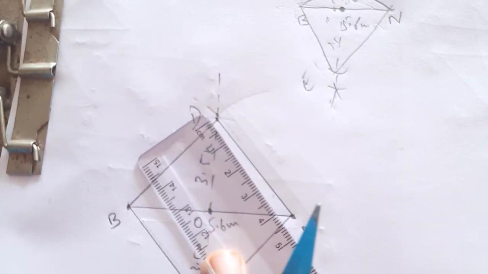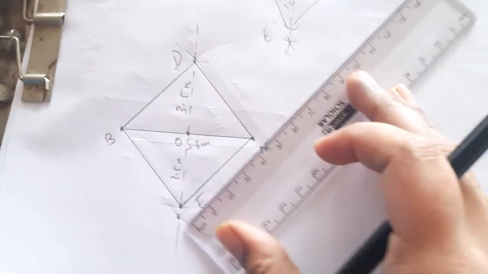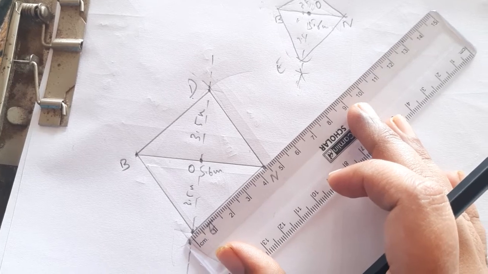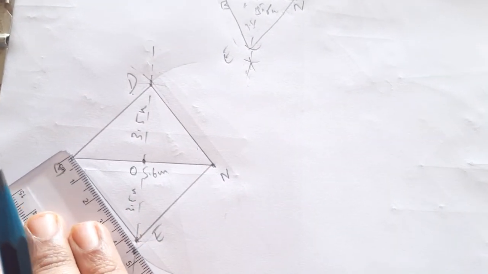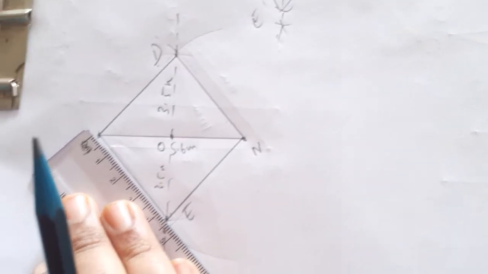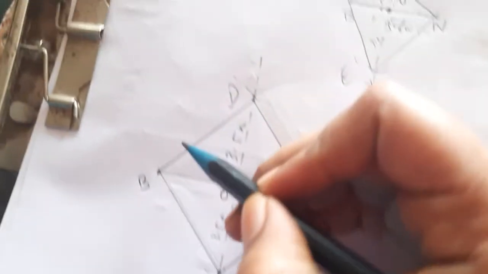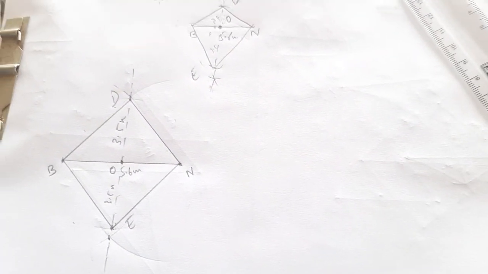This if I measure, look, this is also 4.4 centimeter. This if I measure, look, this side is also similar, obviously. Then if all the four sides are equal, look, so nicely it is 4.4 centimeter, children. So all the sides are equal, which means the construction you have done is correct.